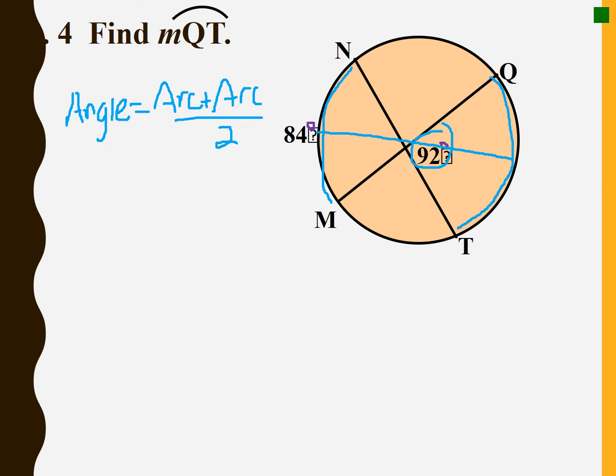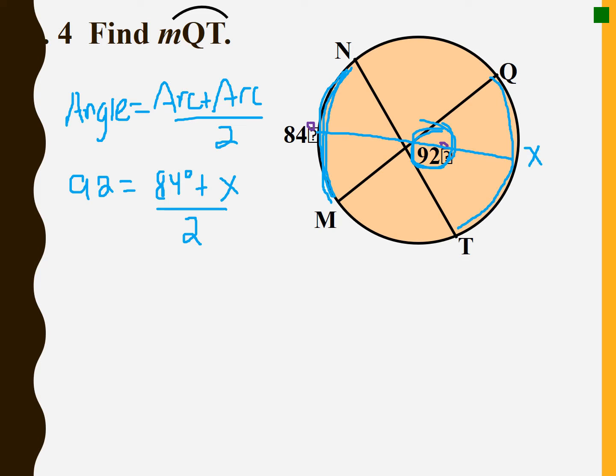So we sub in our values. Our angle is 92 degrees, so we sub that in for the angle, equals one of the arcs. It doesn't matter which one goes where. The only one we know so far is 84, so I'm going to put that first. 84 plus the other arc, this is our unknown, so we're going to give it x, divided by 2.